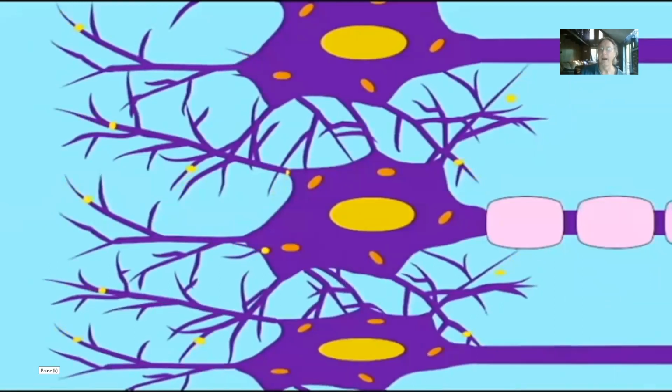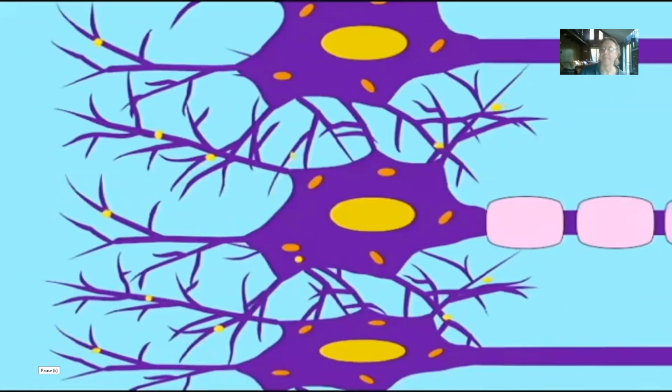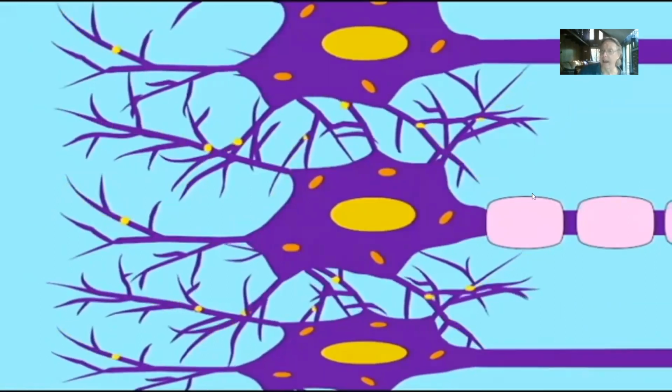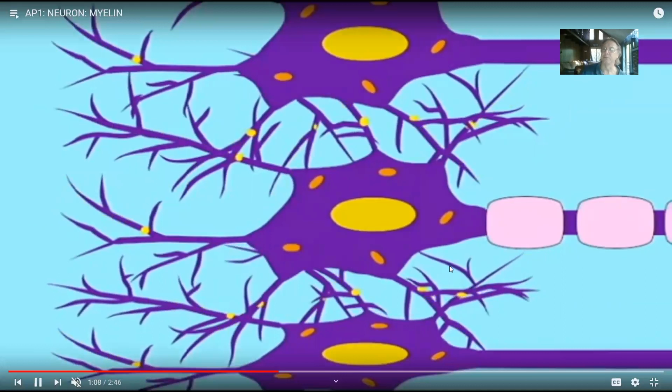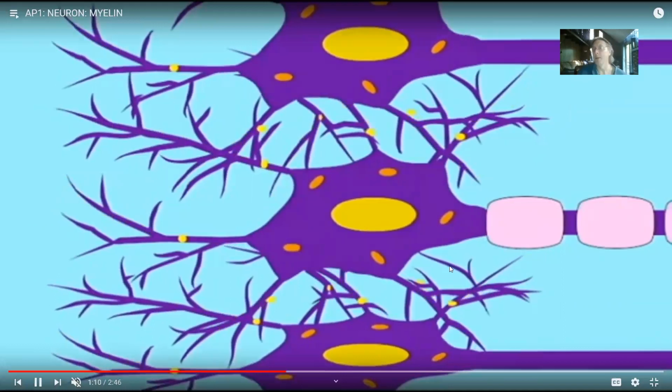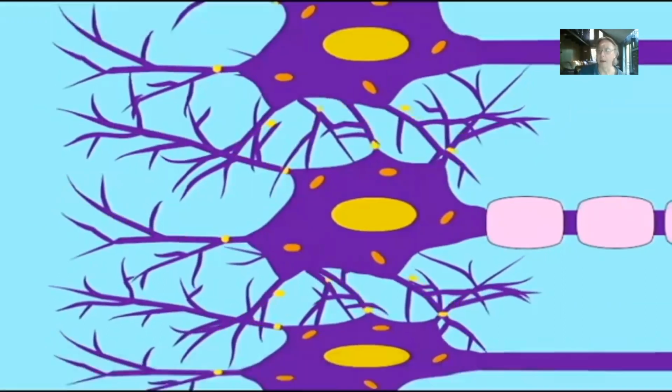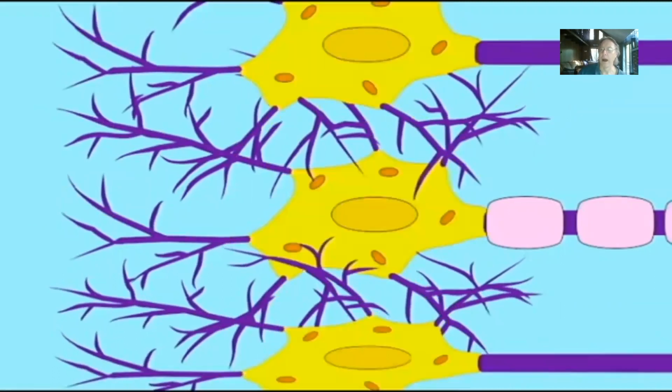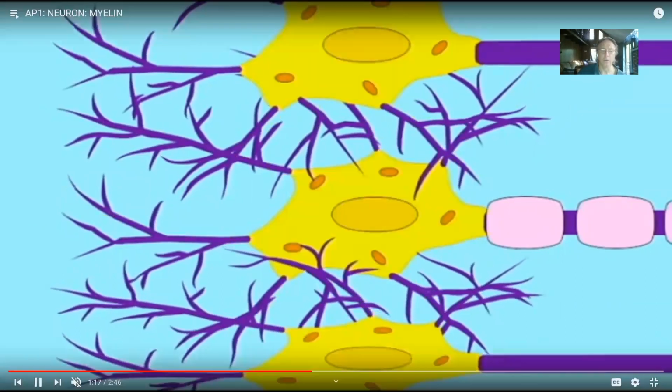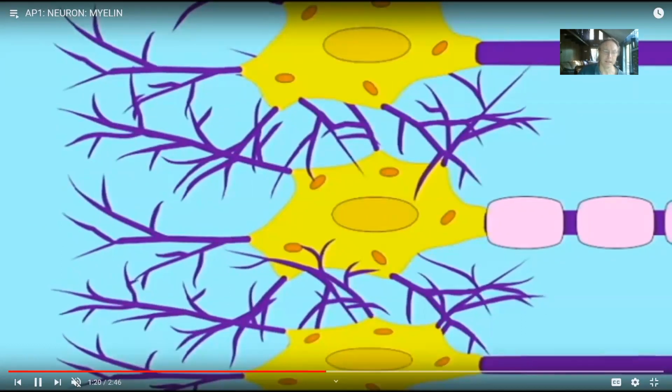The axon which was thick and myelinated, that would then have the most rapid speed of transmission, maybe 280 miles per hour. So over 100 times faster than the thin unmyelinated one.